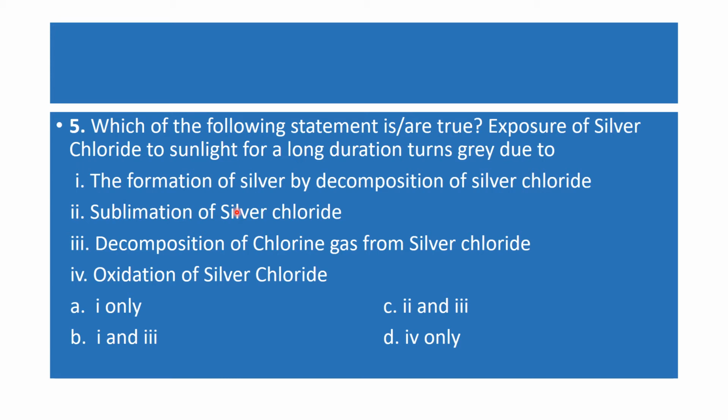Sublimation of silver chloride is wrong. Decomposition of chlorine gas from silver chloride is again wrong. Oxidation of silver chloride is again wrong. So which option is correct here? The first one.